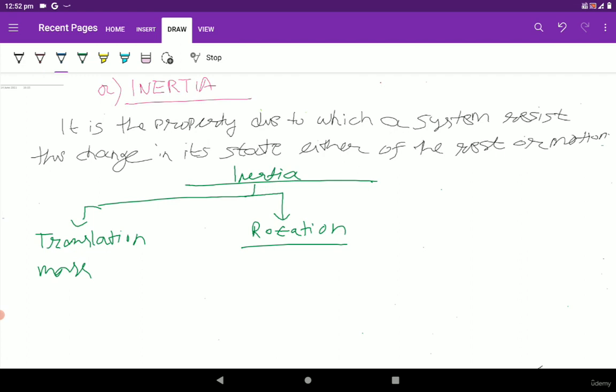So there is a distribution of mass about the axis of rotation.